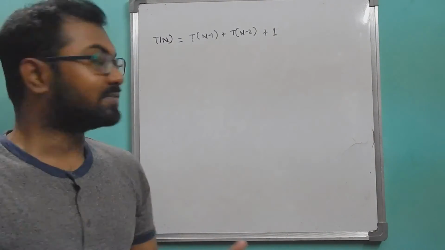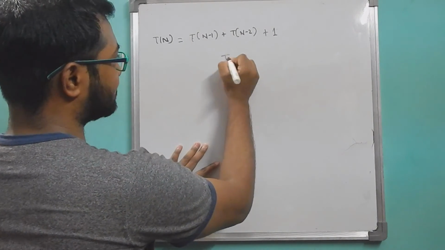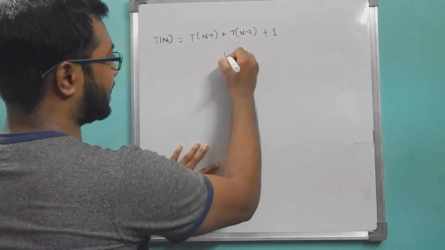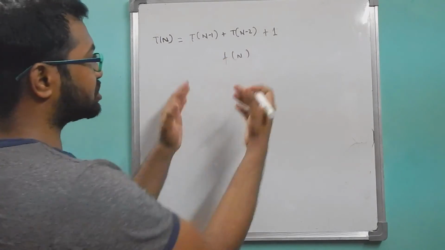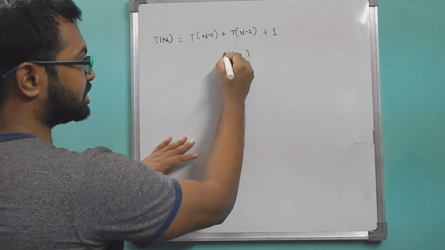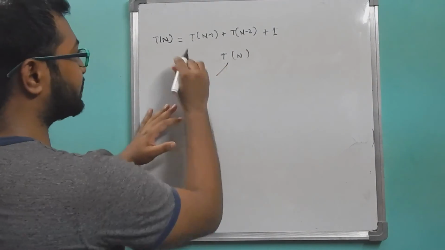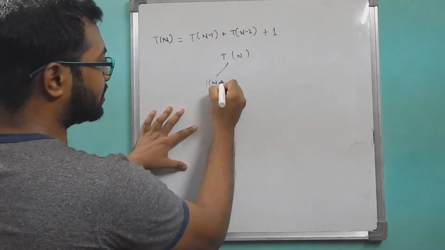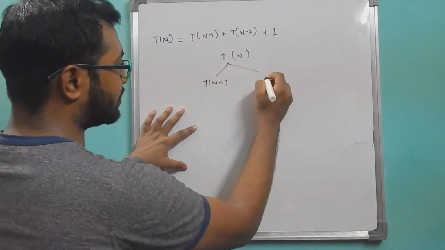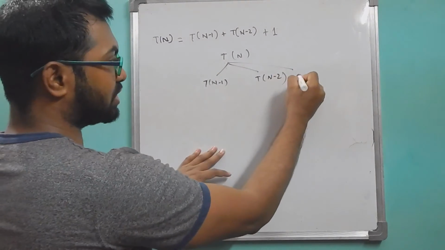Let's derive this. Let's say there is a function f of n, and it makes calls subsequently. If this function takes T of n time, then the time complexity will be T of n minus 1, and the second one will be T of n minus 2, and there is some constant time as well.